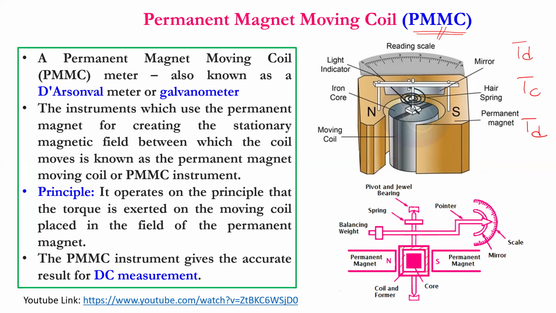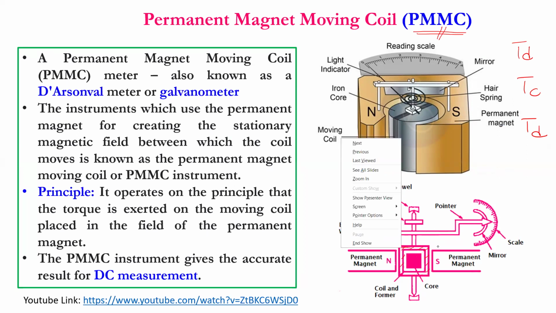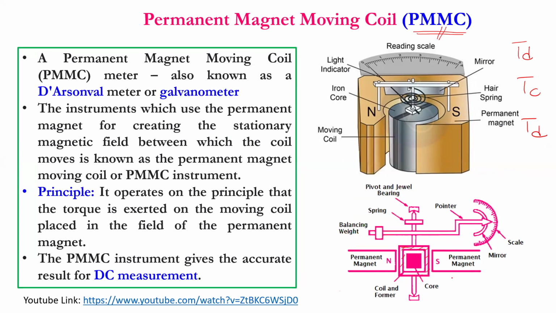When current passes through this coil, it is placed in a magnetic field, and it experiences some torque. We already know F equals BIL sin theta. Deflecting torque is equal to force into perpendicular distance.